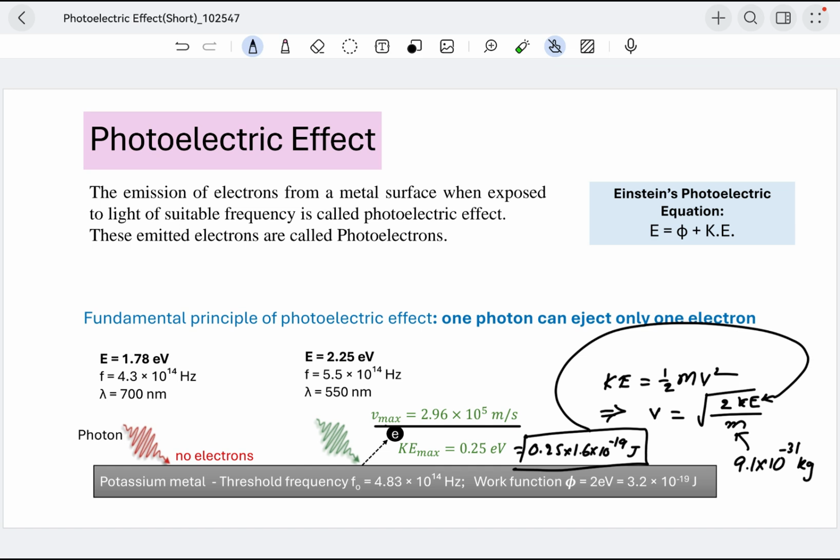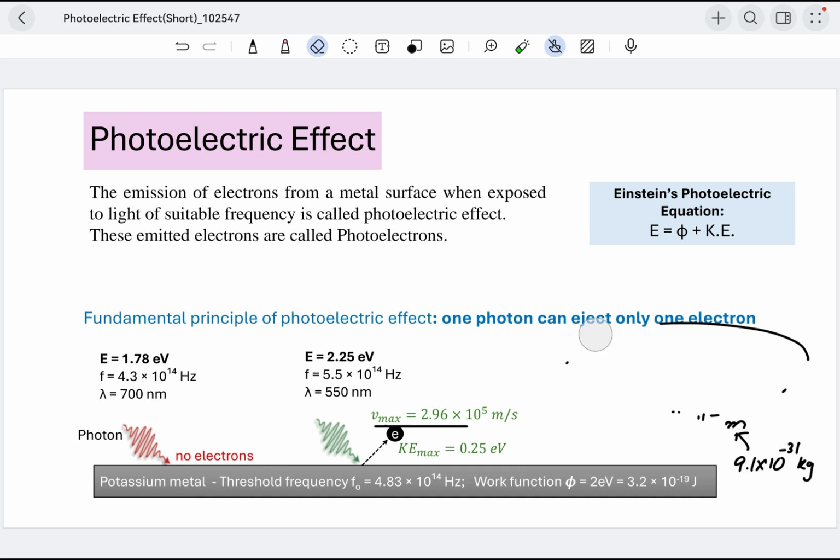This is how we discussed it in terms of the energy and work function. We can also discuss it in terms of the frequency.